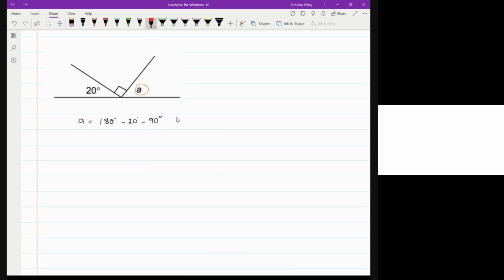And then the reason is supplementary angles equal 180.